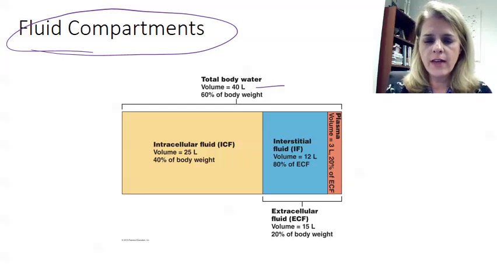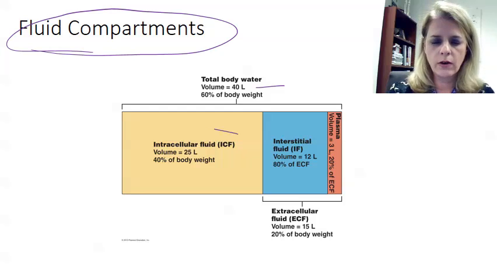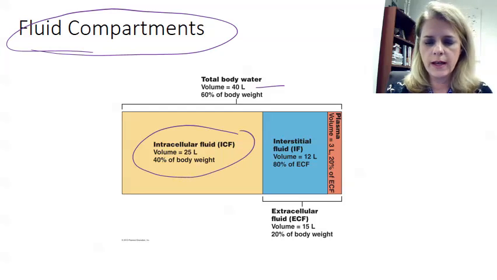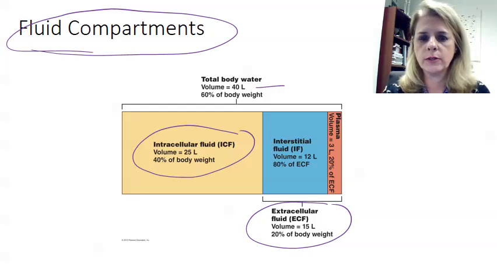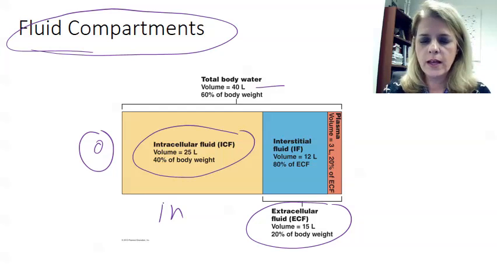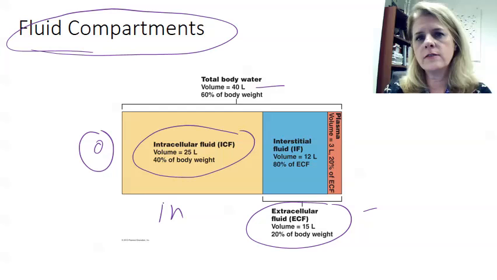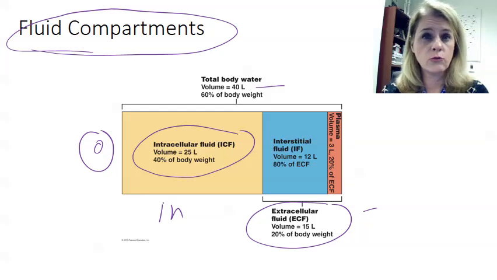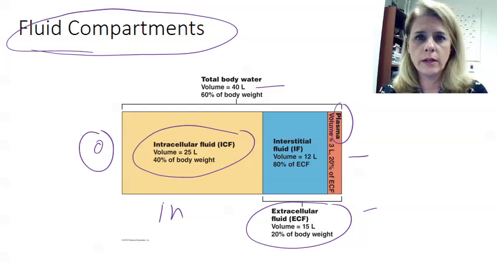And we can divide that into what we call our intracellular fluid and our extracellular fluid. So this is what's inside the cell. If you look at an actual cell, the stuff inside, that's intracellular. And then extracellular is the fluid that bathes the cells, around the cells, and also the fluid that makes up your blood, the plasma part, the liquid part of your blood.